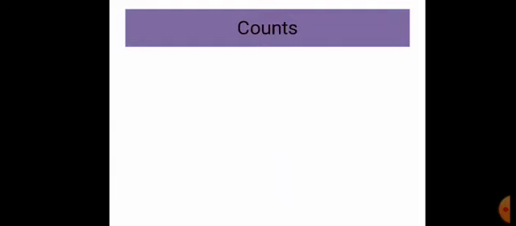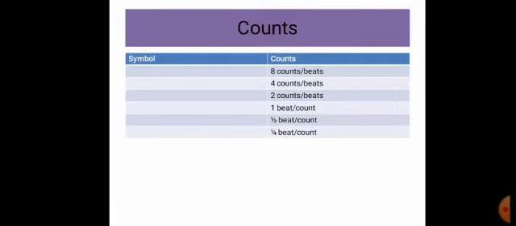Now, value of notes or sounds are realized by the use of counts. Our usual counting 1, 2, 3, 4. Now let's look at the various symbols again and their corresponding counts. We know this to be the brief or the double whole note.